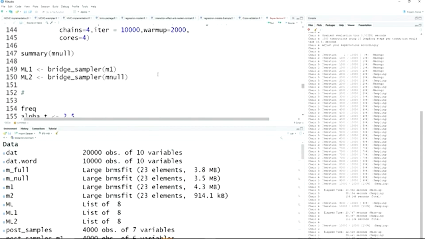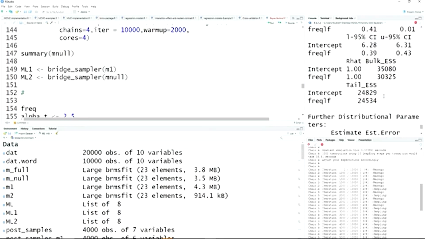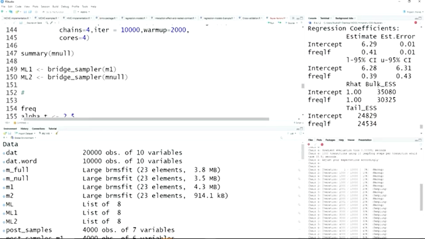All right. So let's see if it is working. Yes. So now it's trying to compute the marginal likelihood given this model M1. We also got some effect of frequency here. So the 95% credible interval is 0.39 to 0.43. Okay, so there is an effect of frequency as per 95%.